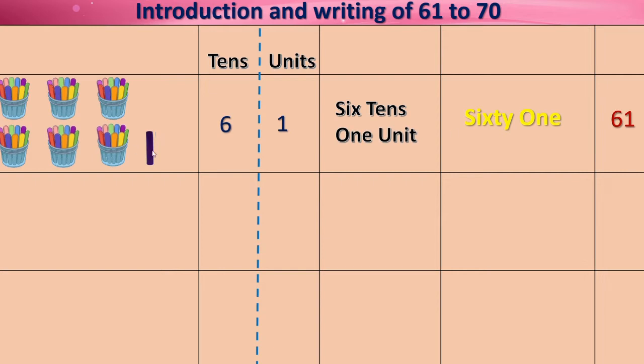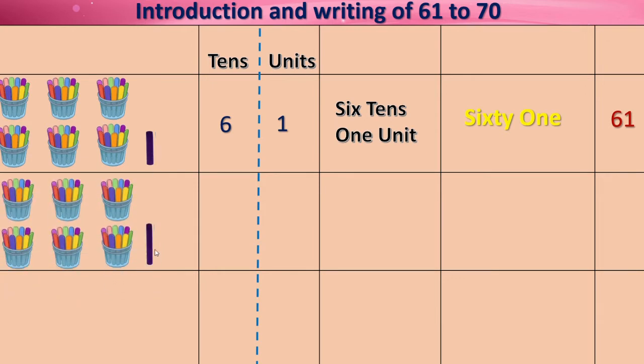Okay, what we will do, we will add one more stick to this. See here, this is 61, we are going to add one more stick, right? So here 6 tens. Come on, tell me how many units? How many singles are there? 2. Very good. 2 units. So 6 tens and 2 units make the number 62, right?